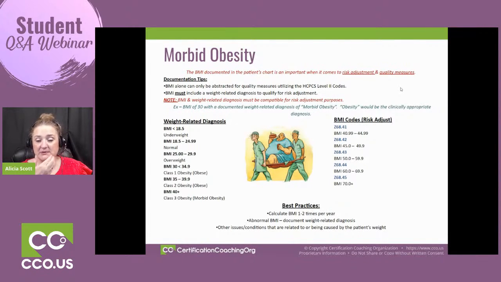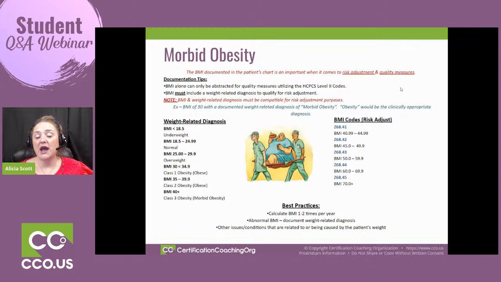Now they've established some better guidelines, I think, for us. But morbid obesity risk adjusts, and obesity is classified with risk adjustment as a BMI of 40 or above.